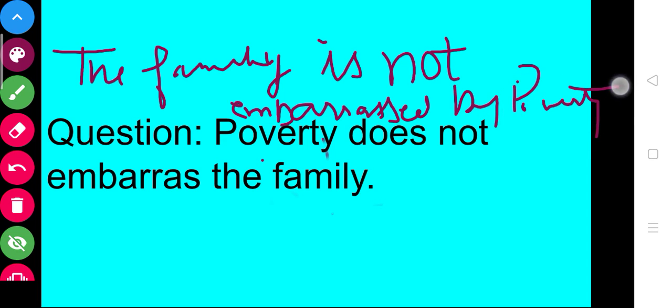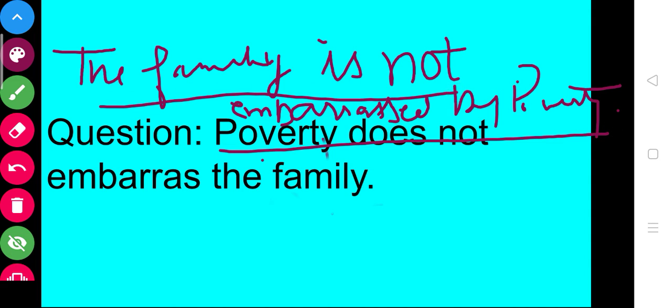Okay, clear? So within the changes that you need to see, putting is plus verb's third form shows that the present indefinite is written in the passive form. Okay, so the tense is not to be changed, only the form is to be changed.